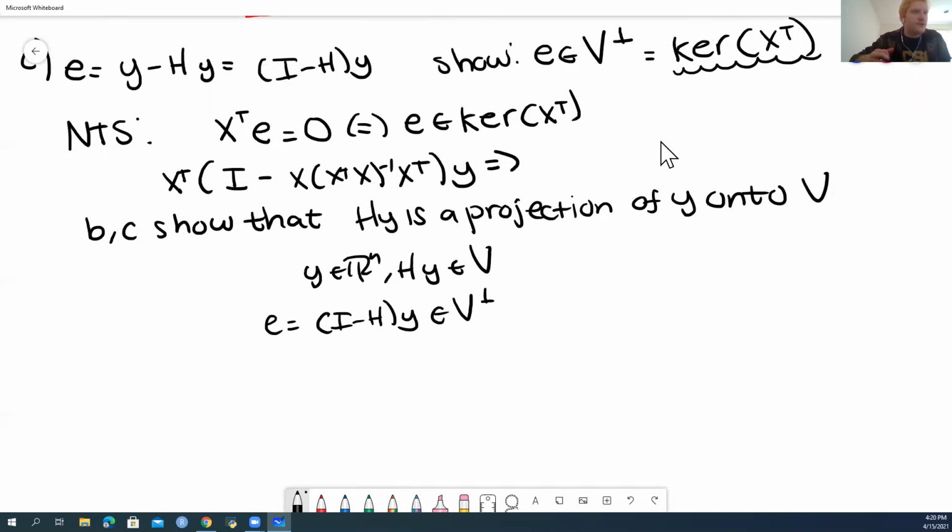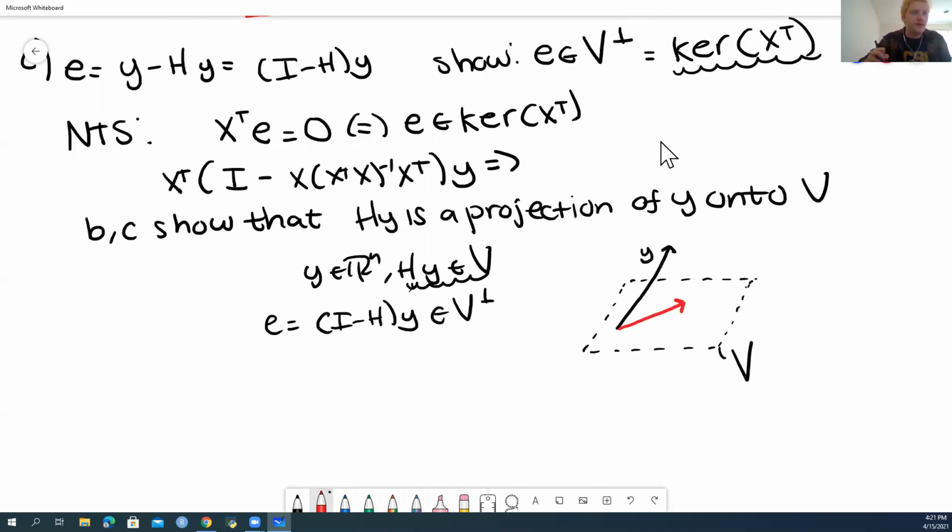If we visualize this, if this is V, we said that Y is any vector, right? We said that HY is in V, so I'm going to draw HY in red.